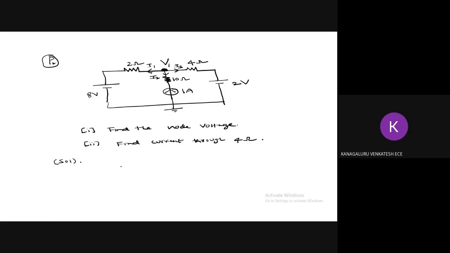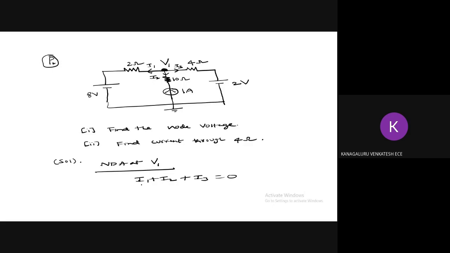If I apply KCL, what do I get? Applying nodal analysis at node V1, I1 plus I2 plus I3 is equal to 0.